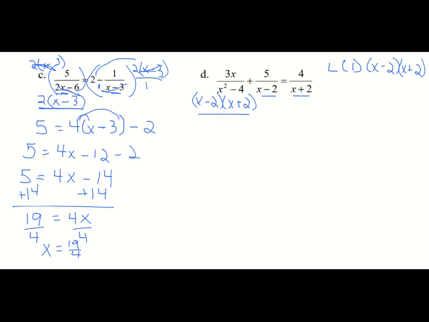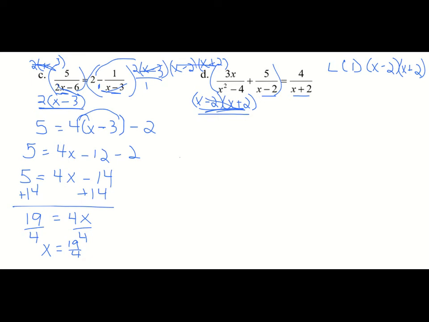So we have to multiply everything by that. Now, remember, when you multiply your LCD times your denominator, whatever's in common cancels. So for this first one, because this is my LCD, when I multiply it times x minus 2, x plus 2, both expressions are going to cancel and leave me with just 3x.